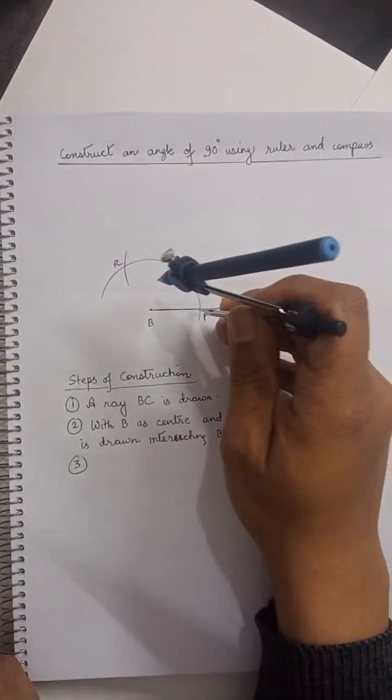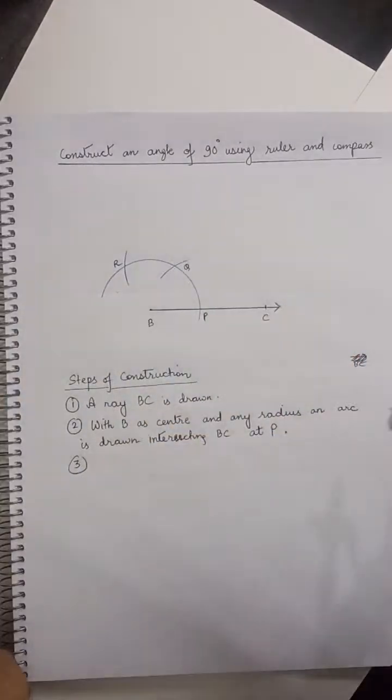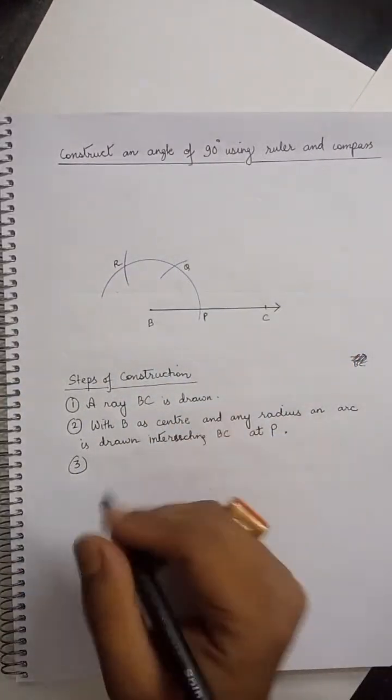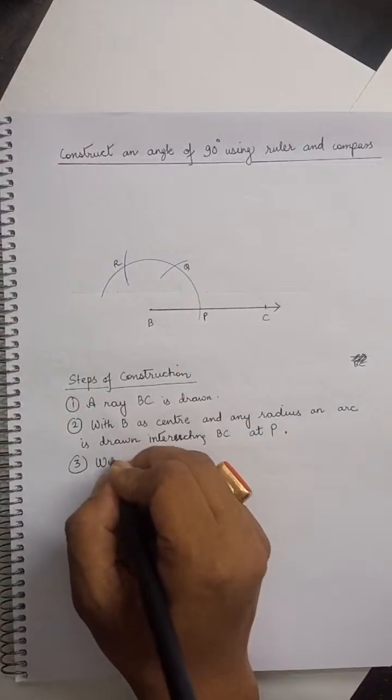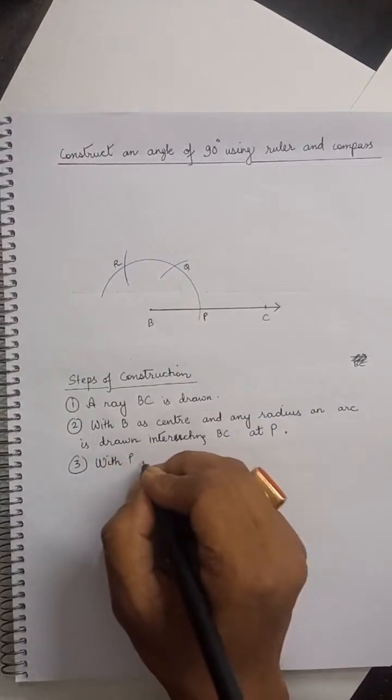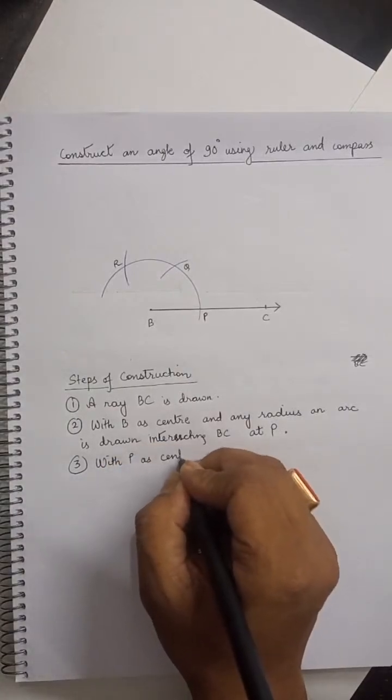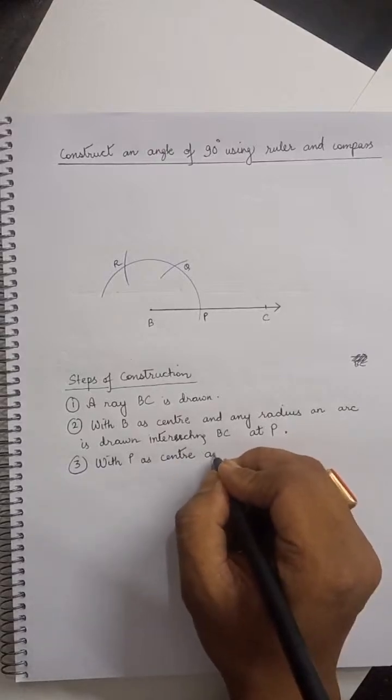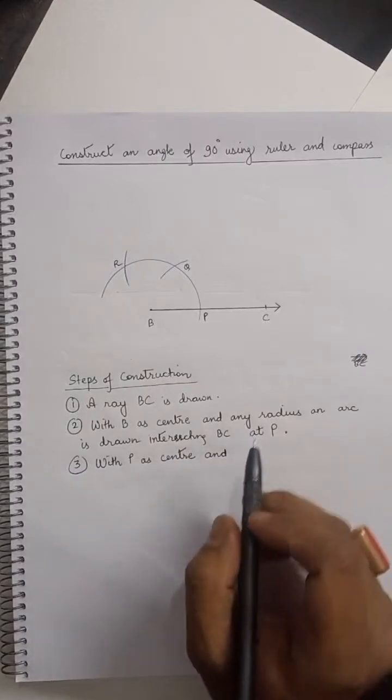If you remember, the tip of the compass was at P, and our next arc was drawn at this point. So we will write with P as center, and this time we are not going to write any radius.